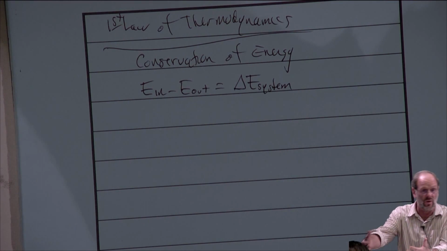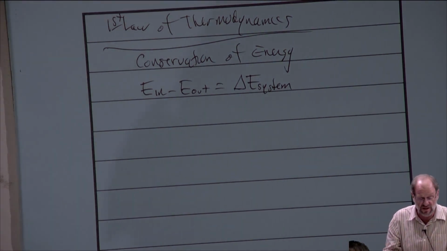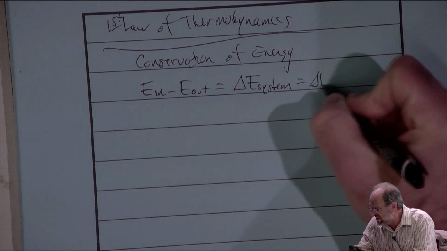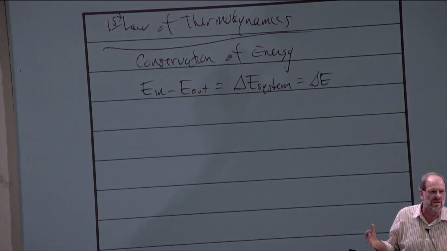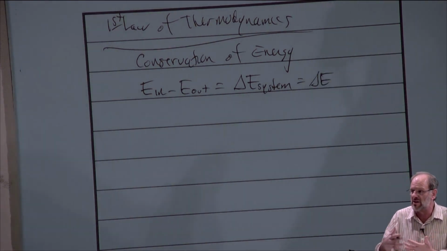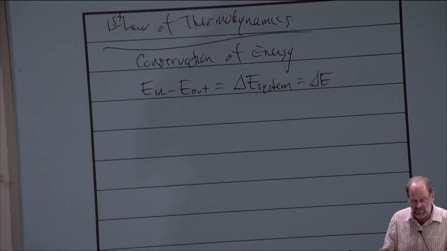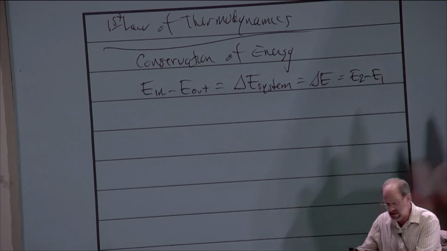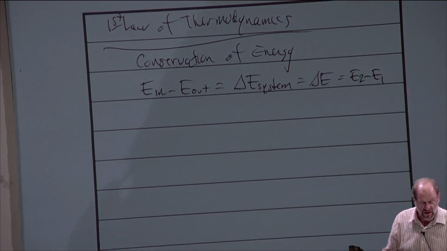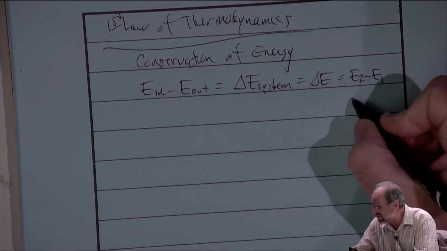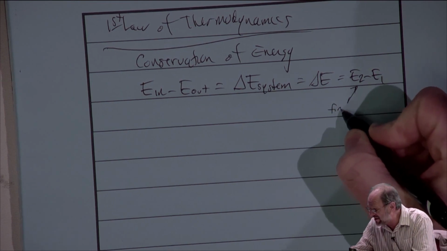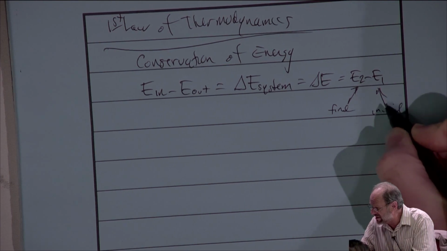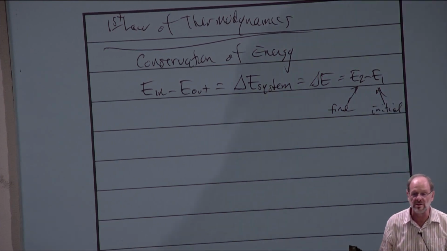Now, if we want to, we could just write it as delta E. We don't necessarily need to write the word system because it's really implied. Another thing we can do is write it as E2 minus E1, where E2 would represent the final energy and E1 would represent the initial energy associated with our system.